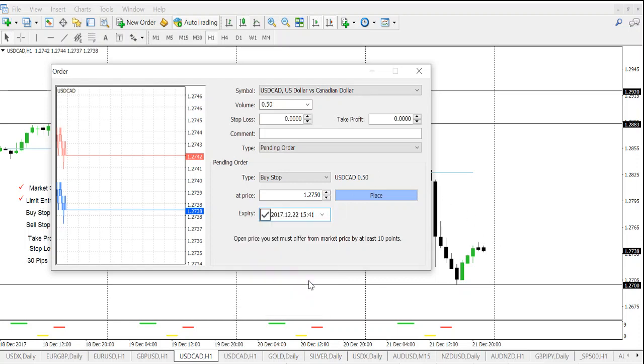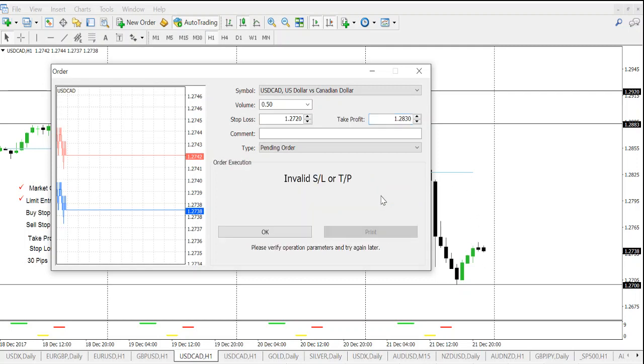I set the time that's enforced for, and again we set all our parameters up here. No difference. 127.20 and then 128.30. So everything's still the same, except we're just waiting for that confirmation for price to go into our trading range, and we hit place.